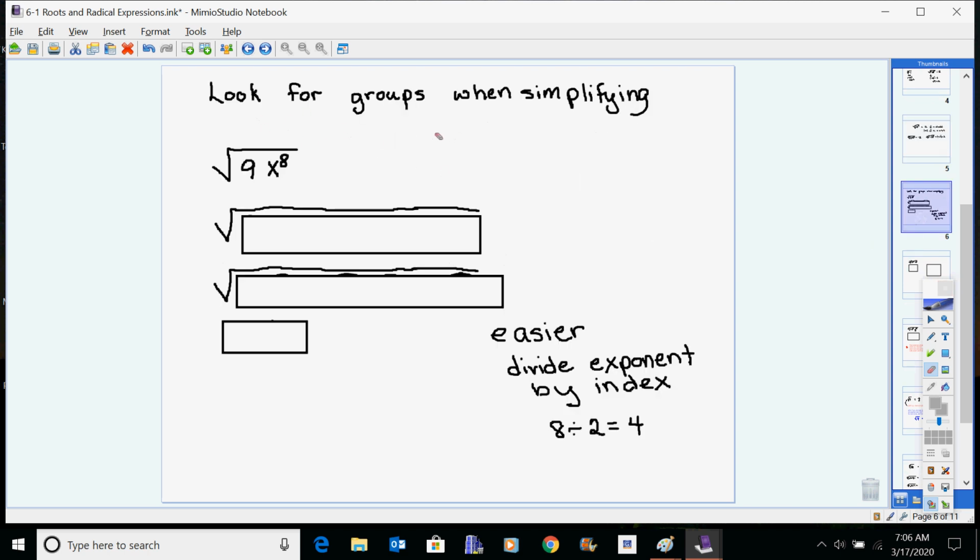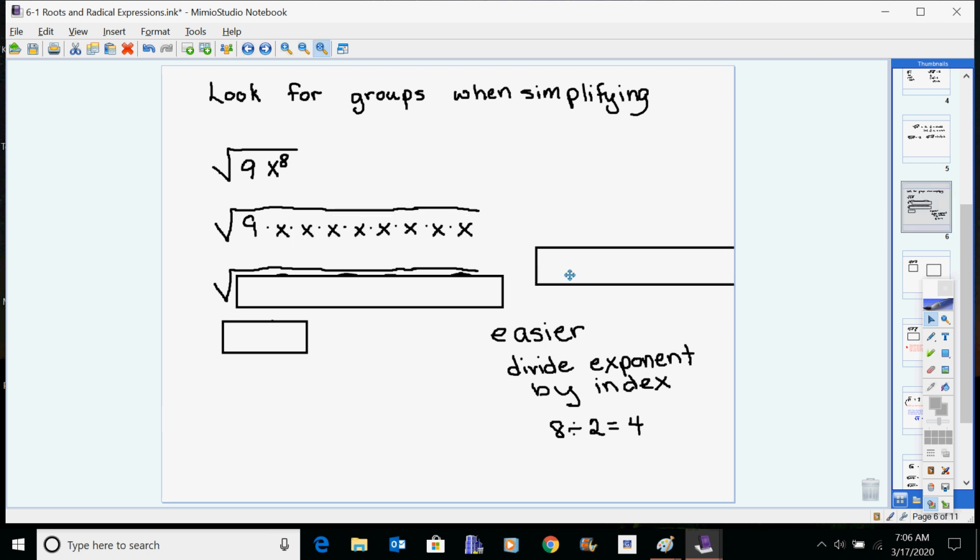When you're simplifying, think about the number part as being separate from the variable part. Okay, there's a little note down here. This is going to make sense in a second. But if we really think about what this means, this is 9 and then 8 x's out the back of it, and we're taking a square root.